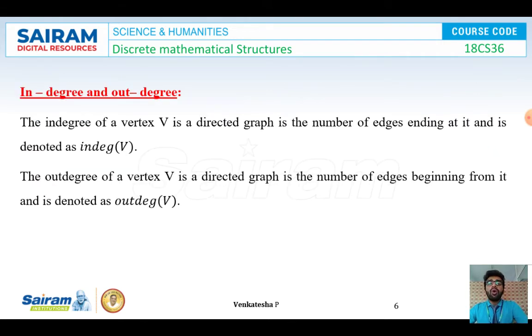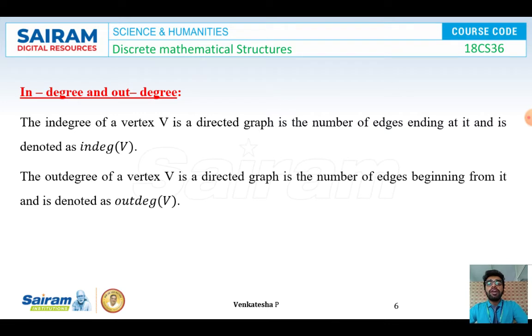In degree and out degree of the graph. For example, the in degree of the vertex v in a digraph is the number of edges ending at it. It will be called the in degree of the vertex v. It is denoted by the notation in degree of v. In a simple way, the number of edges coming towards a particular vertex will be called the in degree of the vertex.